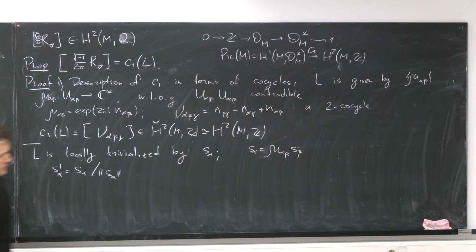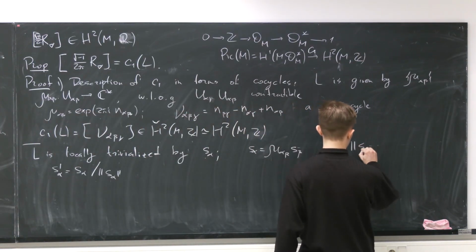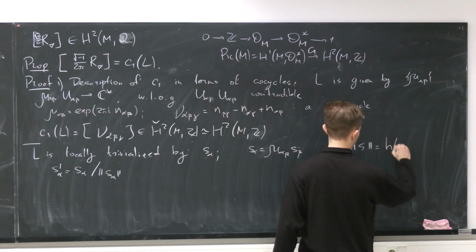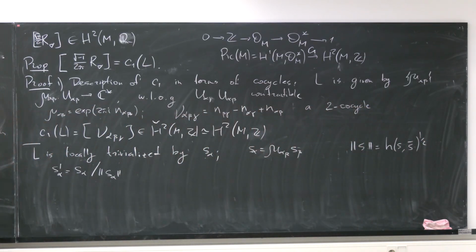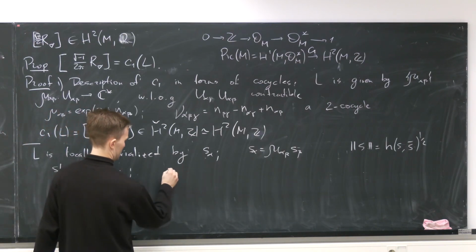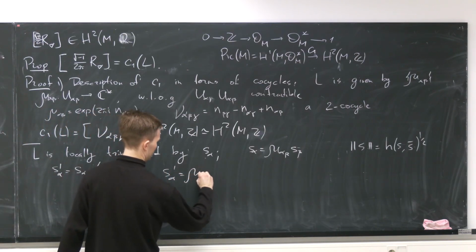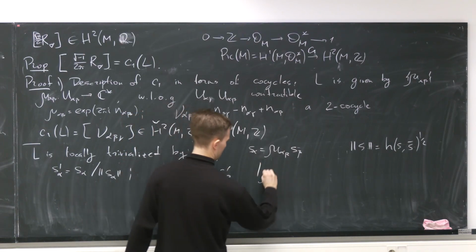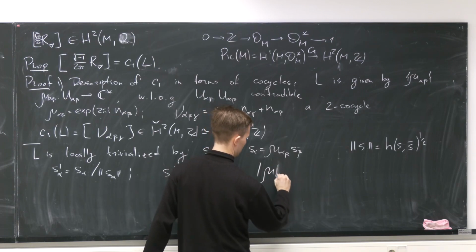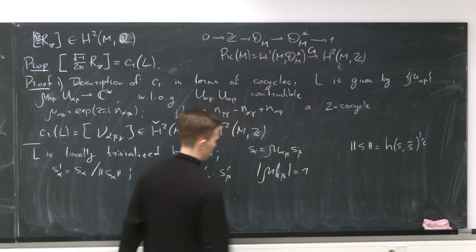So the norm is just the Hermitian norm. Okay, and then S alpha prime will be mu alpha beta prime times S beta prime, and the absolute value of this mu alpha beta prime will be 1.